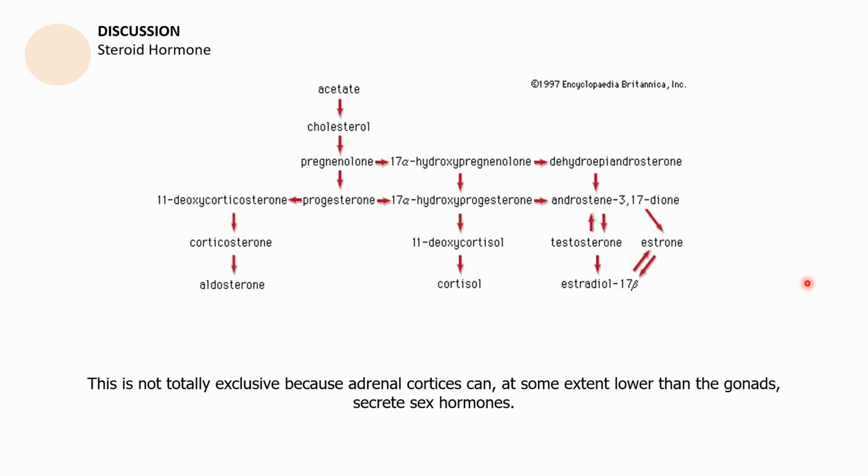This is not actually exclusive because adrenal cortices can, at some extent, lower than the gonads, secrete some sex hormones. So, what do you mean by that? Ang adrenal cortex, ang mga adrenal cortices, pwede rin sila mag-release ng mga sex hormones.